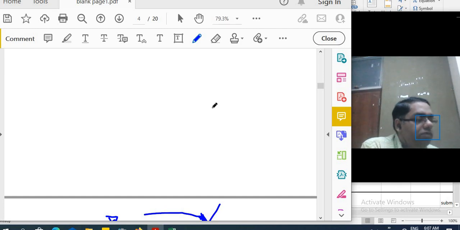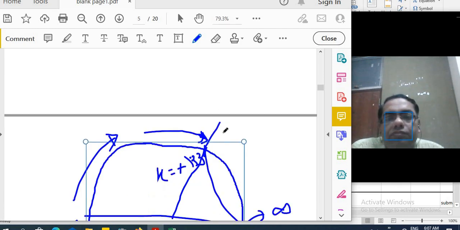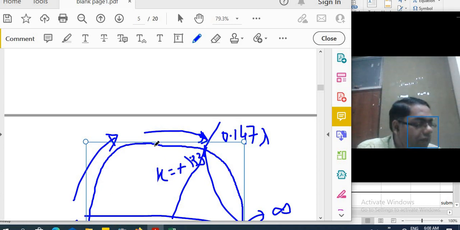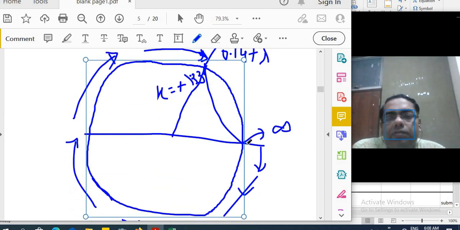It gives 0.147 lambda. So how much distance we have traveled, that will be the length. Again the same logic: it starts from 0 lambda, and one full rotation gives 0.5 lambda.